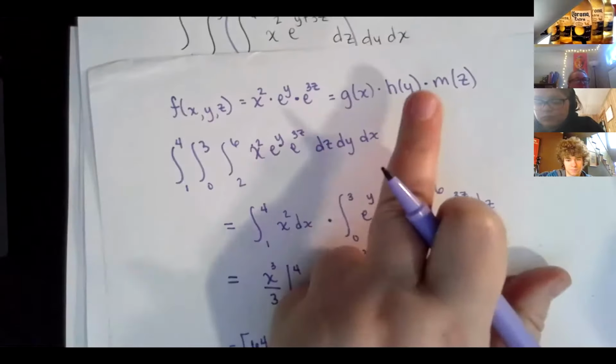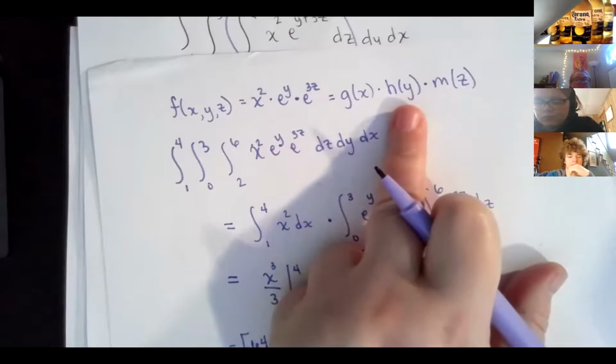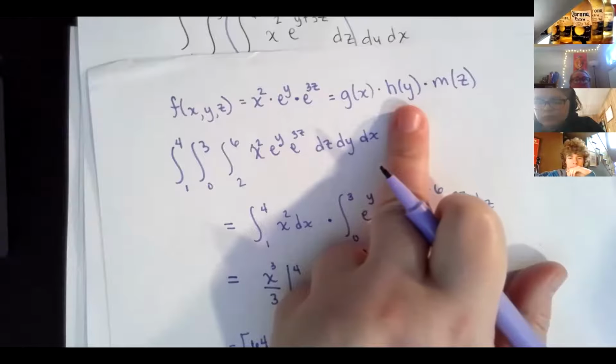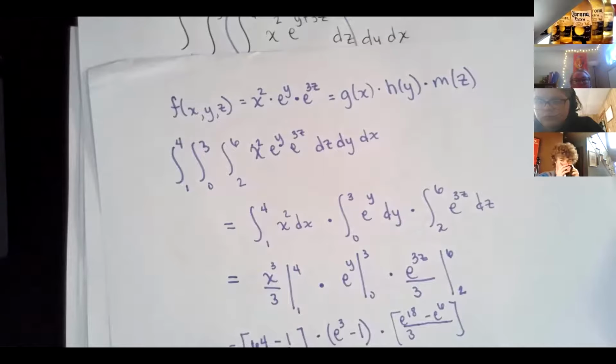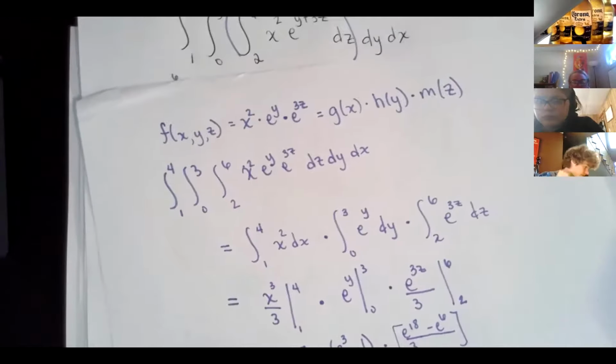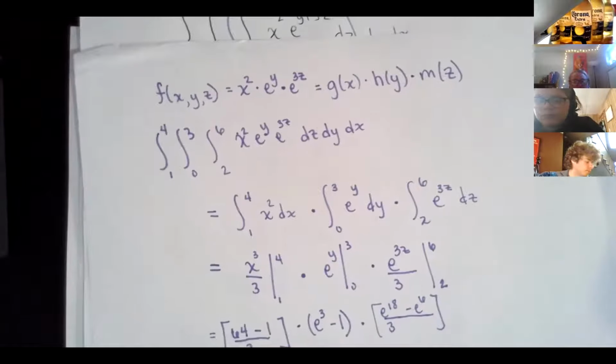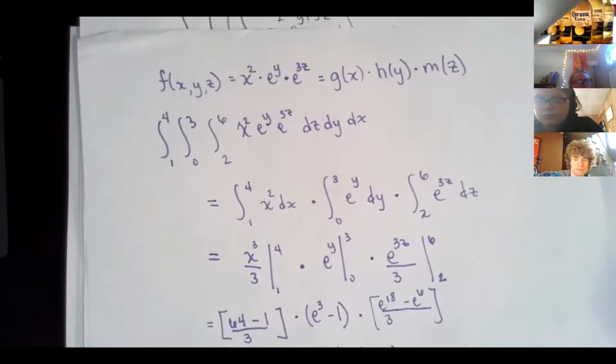If there's not a way to pull these apart, like I said, for example, sine of x plus y, we couldn't integrate it that way. Only if they can be pulled apart that way. Does that make sense? Okay, cool.